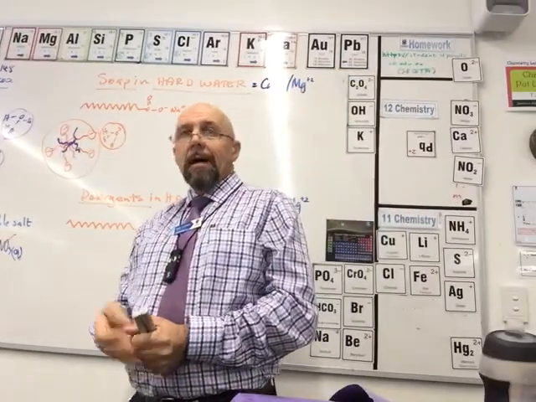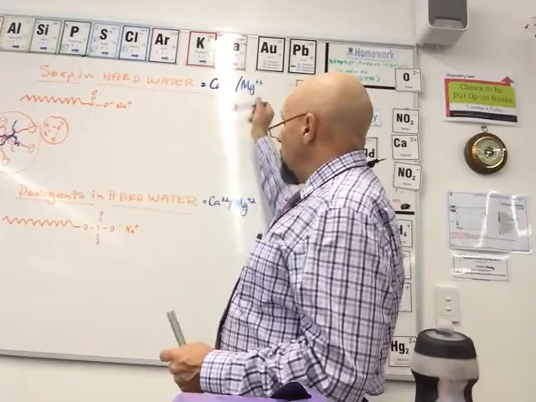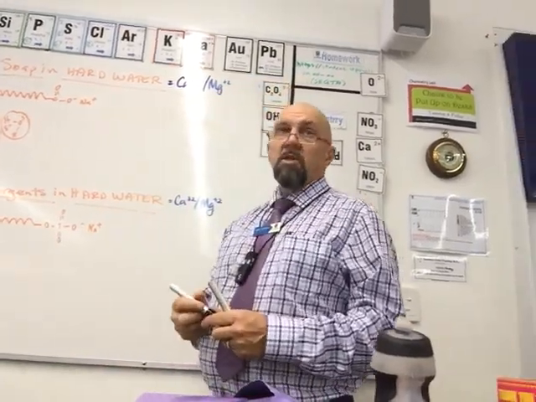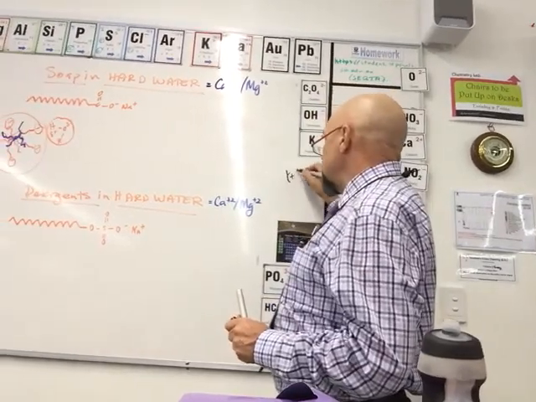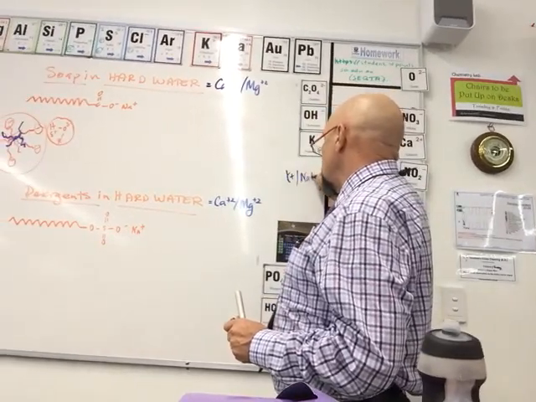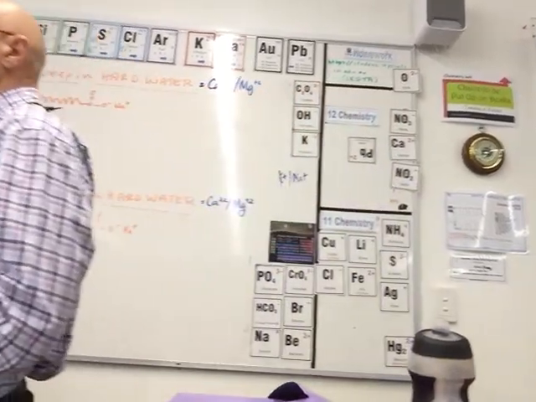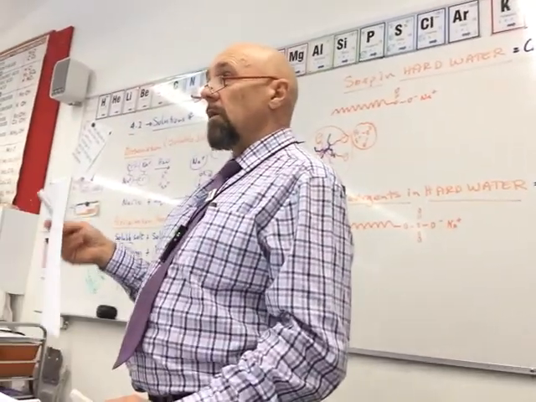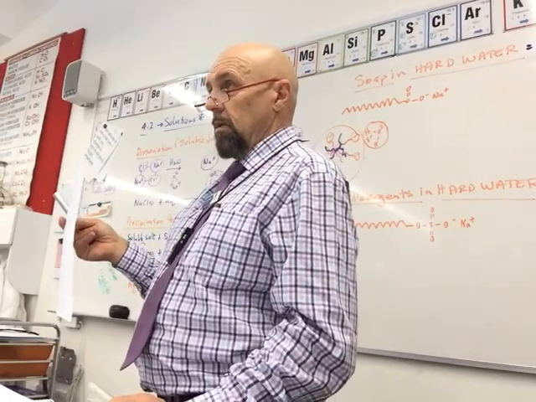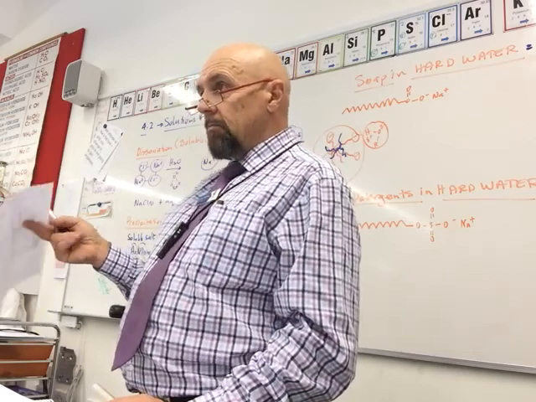We call that hard water. The opposite to hard water is soft water. And soft water contains potassium ions, sodium ions, and if you're looking on your solubility table, you can probably work out that sodium salts and potassium salts are all soluble. Okay? So hard water, mainly calcium and magnesium.